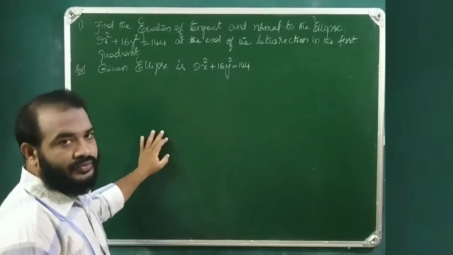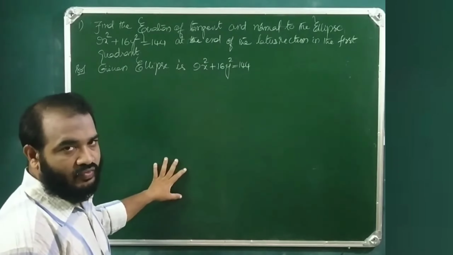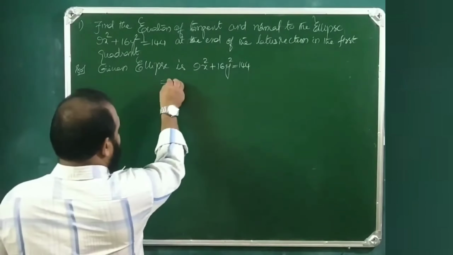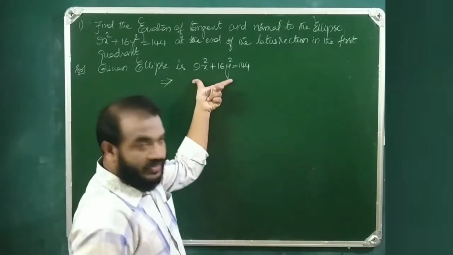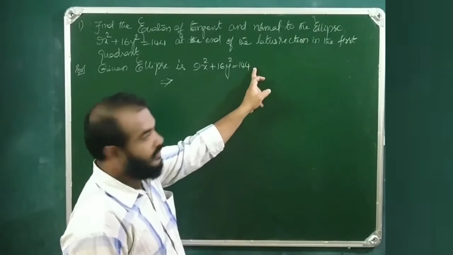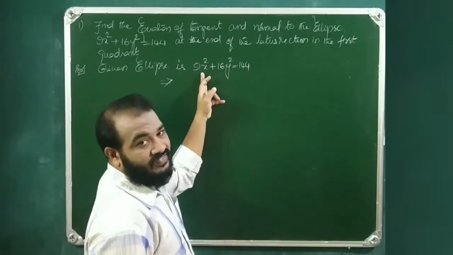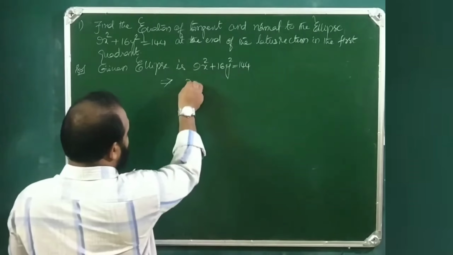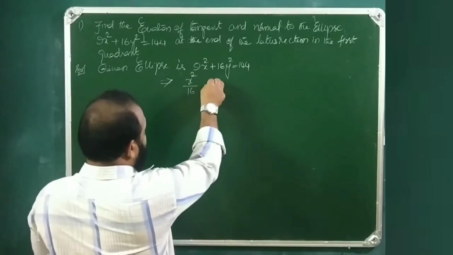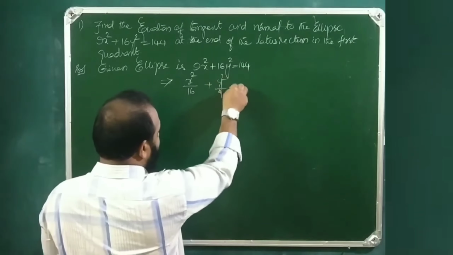Let us convert this into x square by a square plus y square by b square equals 1. So 9x square plus 16y square by 144 equals 1. 9 by 144 is 1 by 16, so this is x square by 16 plus y square by 9 equals 1.